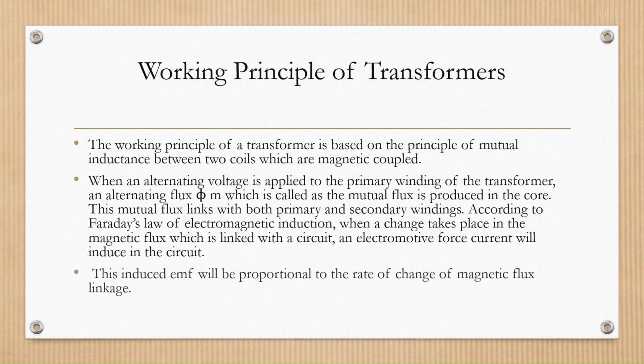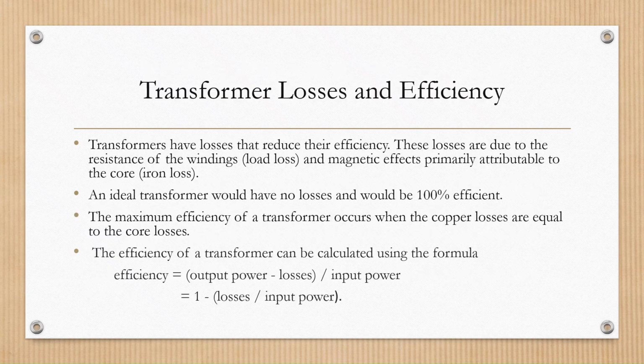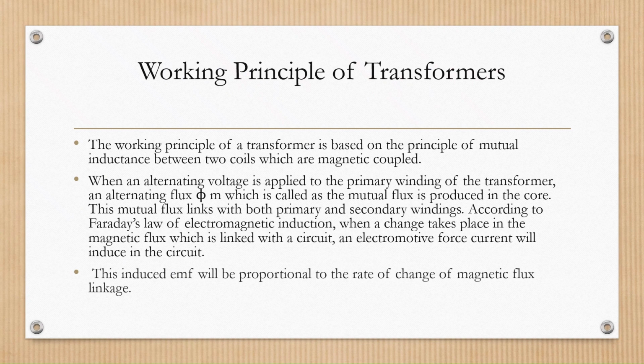This mutual flux links with both primary and secondary windings. According to Faraday's law of electromagnetic induction, when a change takes place in the magnetic flux which is linked with a circuit, an electromotive force will be induced in the circuit. This induced EMF will be proportional to the rate of change of magnetic flux linkage.